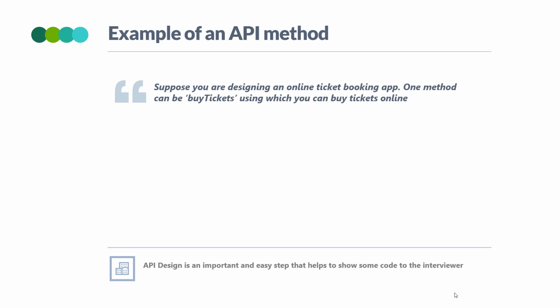Now let's cover an example of an API method. So suppose you are designing an online ticket booking app. One method can be buy tickets, which you can use to buy tickets online. There can be other methods also, if it is an online movie app where you can go and buy tickets for movies online. There you can search for movies.